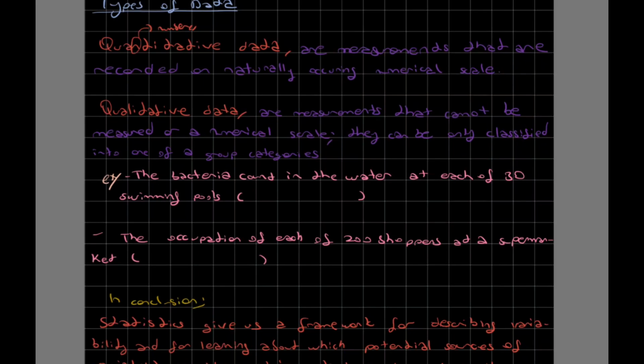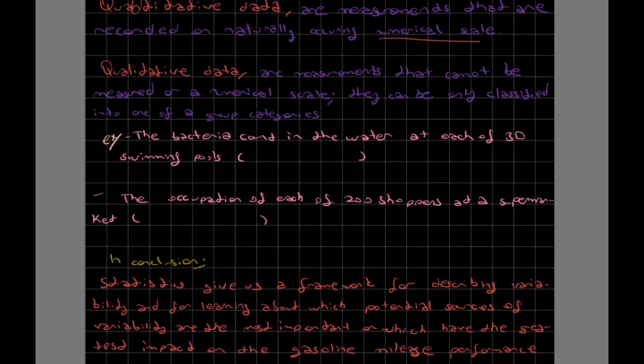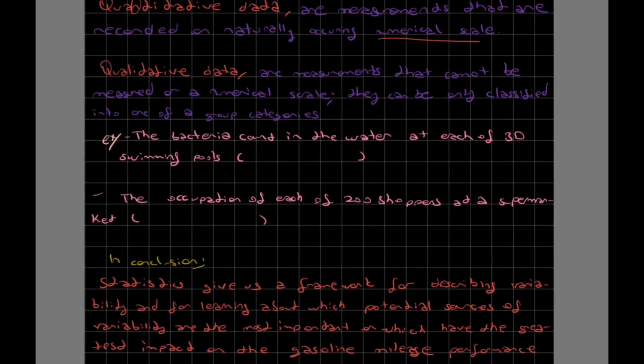Quantitative data are measurements that are recorded on a naturally occurring numerical scale. Qualitative data are measurements that cannot be measured on a numerical scale. It's really important. They can only be classified into one of a group of categories.